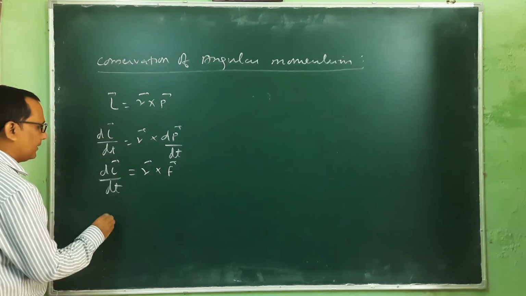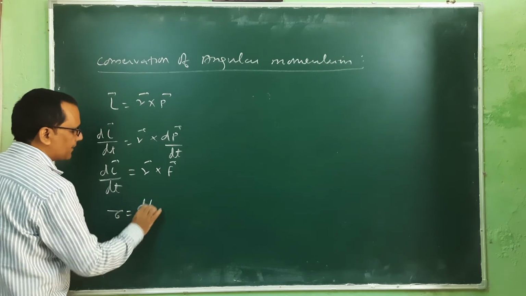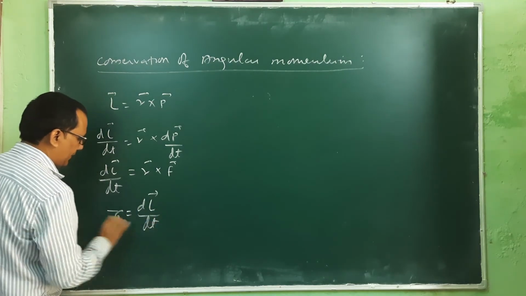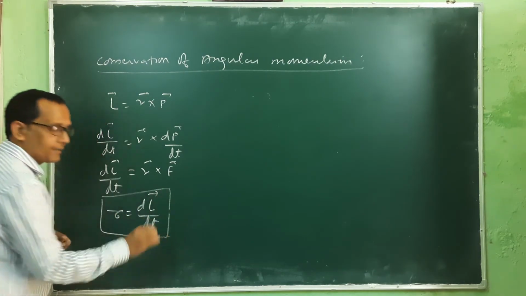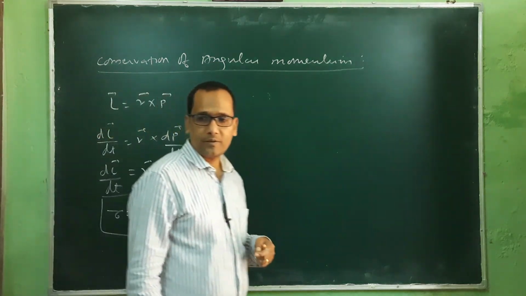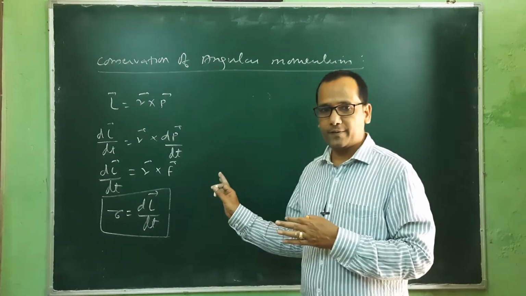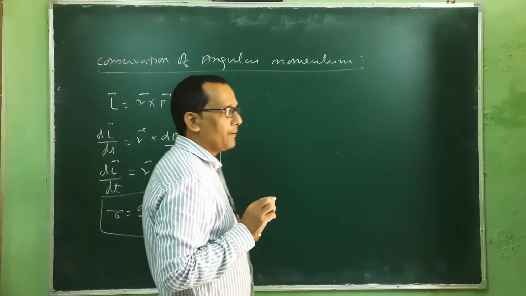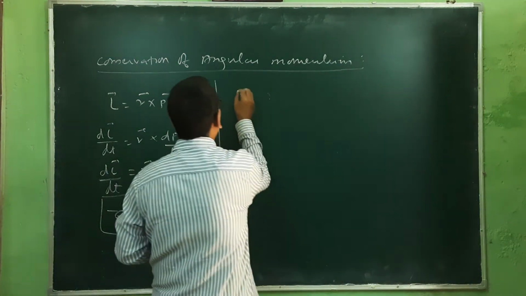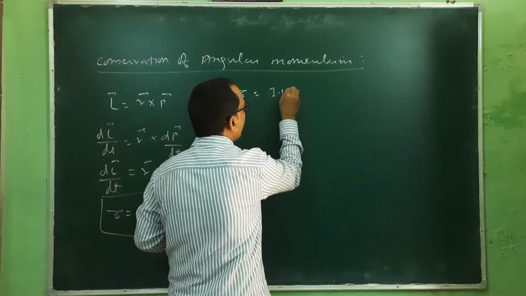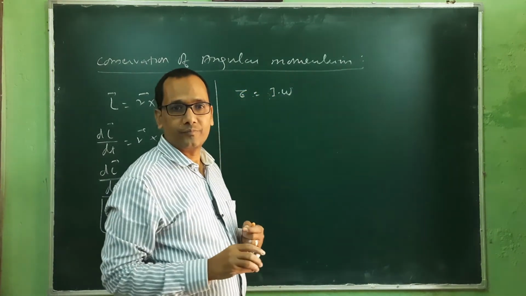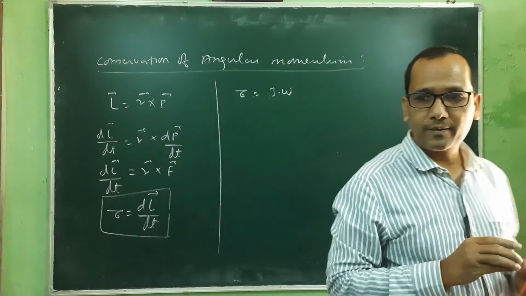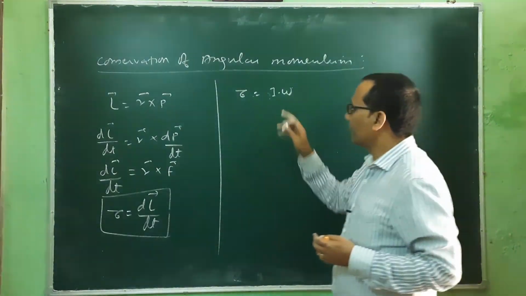So this tau, we have derived, is equivalent to dL by dt in vector form. So this is the relation between torque and angular momentum. Second, we have also derived this torque tau, it is equivalent to I alpha, if you remember, in terms of the moment of inertia.